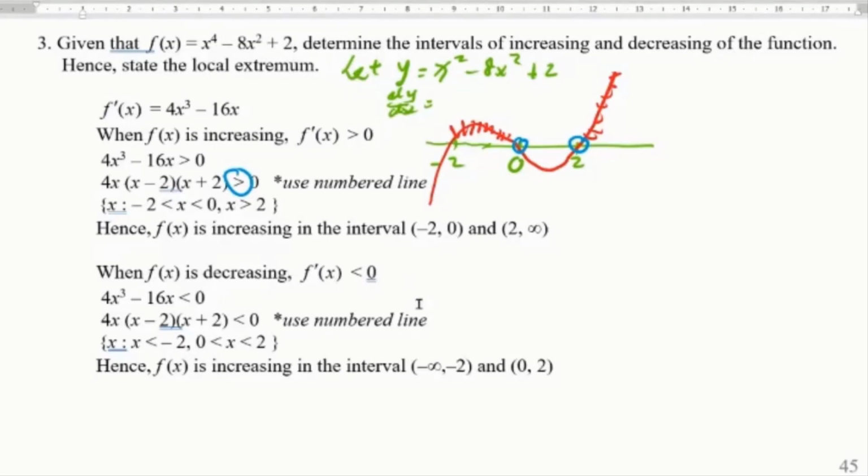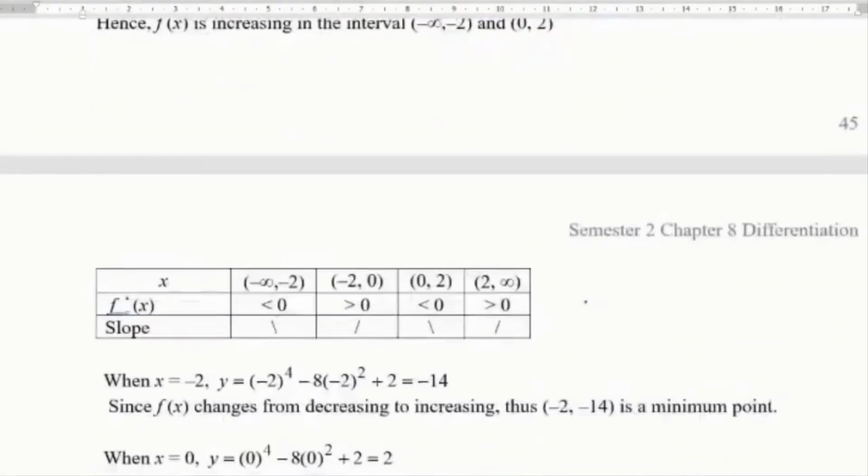If you want to find the maximum point or minimum point, during STPM time you learned to use dy/dx, make it equal to 0, then calculate, and that gives the maximum and minimum points. But in this question you cannot do that, because first you are asked to find the interval, then hence find the maximum and minimum points. Means you are not allowed to use dy/dx. Use the change of increasing and decreasing method to find the maximum and minimum points.